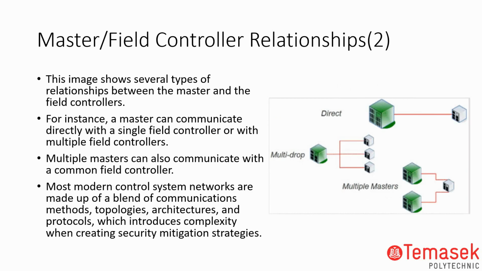Then you can have a direct connection. This is a direct connection, this is RS-232. This is multi-drop, this is your RS-485. Then multiple masters can only happen when you're talking about Ethernet, at the lower layers. On slightly higher layers, they call them Ethernet IP or Profinet.